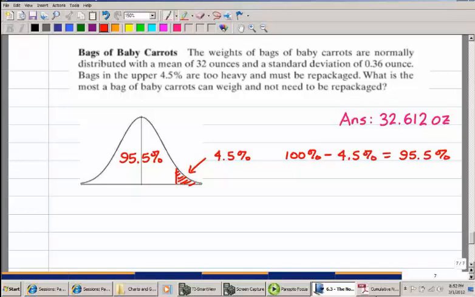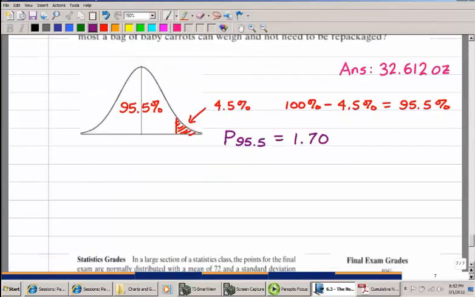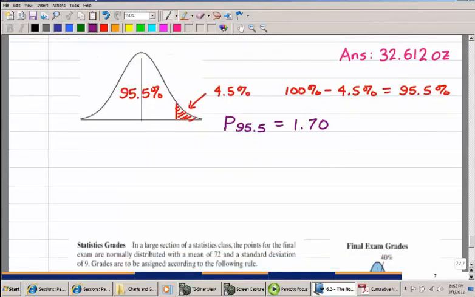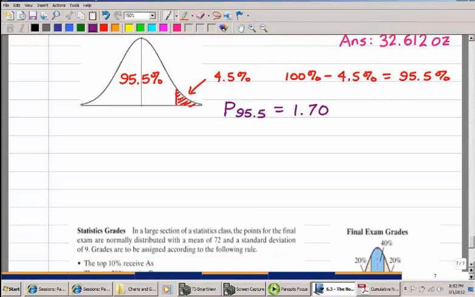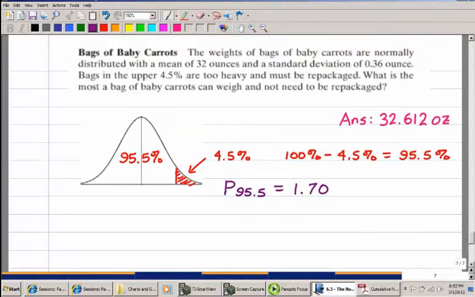It's in the 1.7 row, the 0.0 column, so we're going to go with a z of 1.70, which I'll write this. So basically we've done this. P of essentially 95.5, what it boils down to, is 1.70, or just 1.7. All right, that's all we need because we'll have our mean and standard deviation every time. So we'll calculate this in terms of x, and let's see what happens.